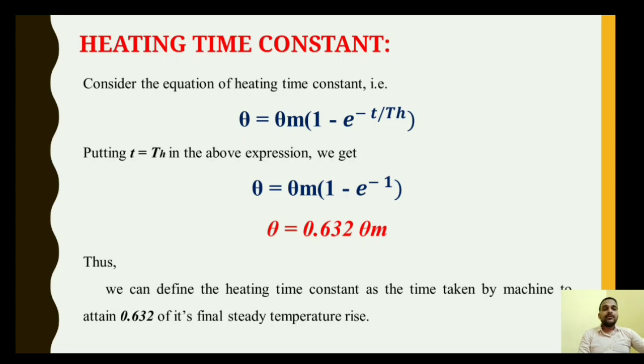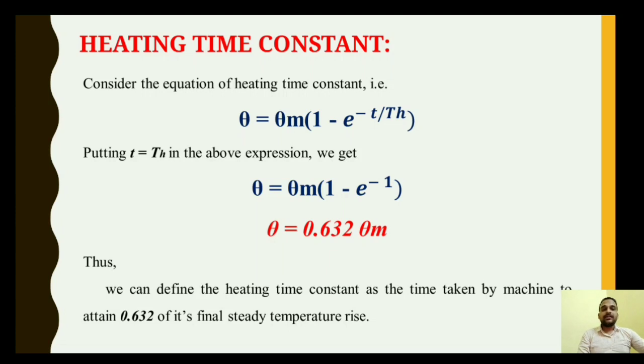Because we have put t equals th. So theta equals 0.632 times theta m, because the value of e to the power minus 1 equals 0.368. This is the value of the heating time constant.